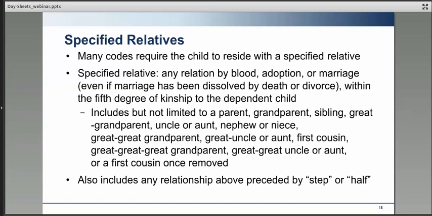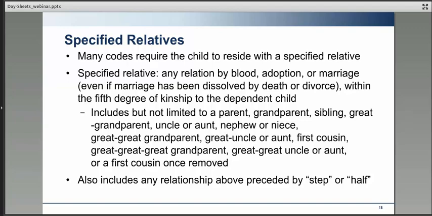Now, I mentioned that we would be talking about specified relatives. You've already seen a few codes that do require connection to specified relatives, and as we move forward, you'll see even more. So this is a good place to just quickly go over it. A specified relative for the purposes of day sheets is any relation by blood, adoption, or marriage. Now, this is important, even if that marriage has been dissolved by death or divorce.